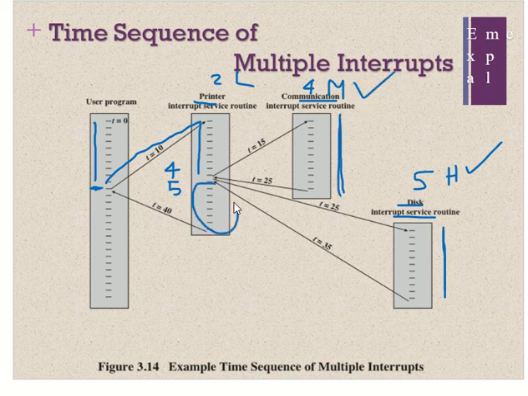Afterwards, the pending task of the printer will be executed because it was in the middle. After finishing this, the normal flow of your program will be executed. Can you get the idea? This is the time sequence in the second approach, which has priority.